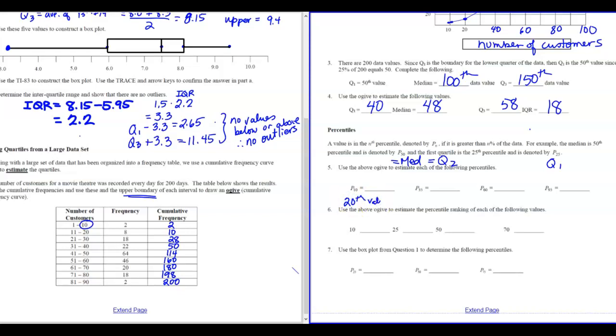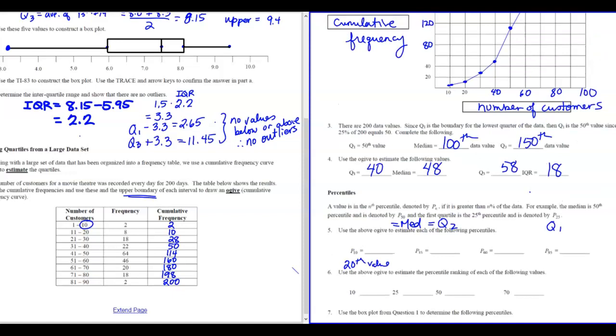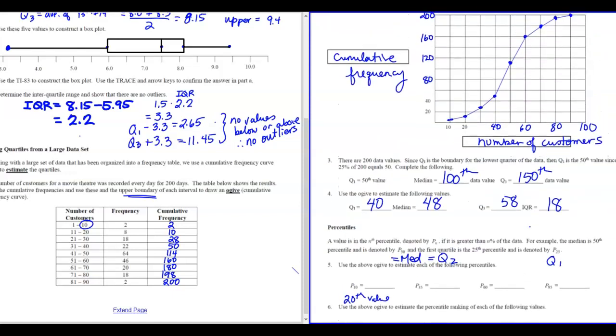Okay, so let's take a look. For the 20th value, we go up there and across, and it looks to be about 25.